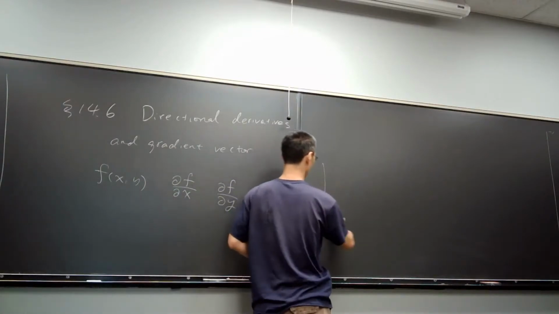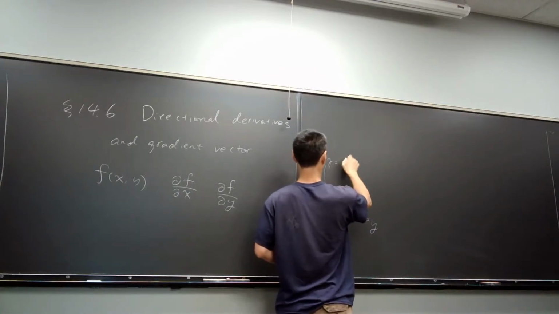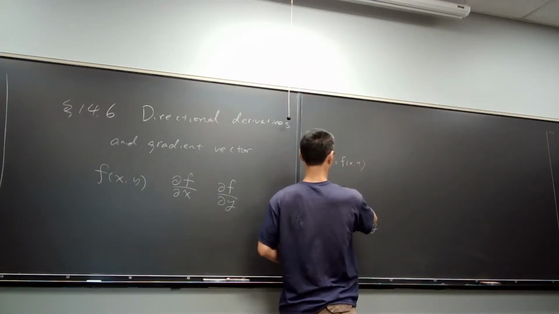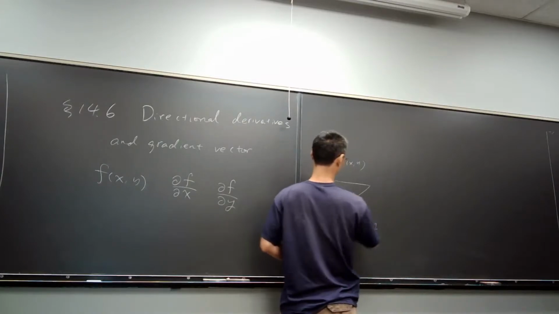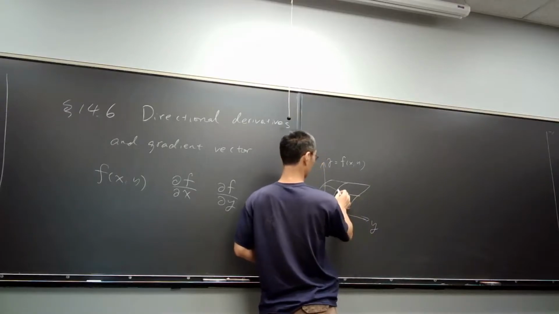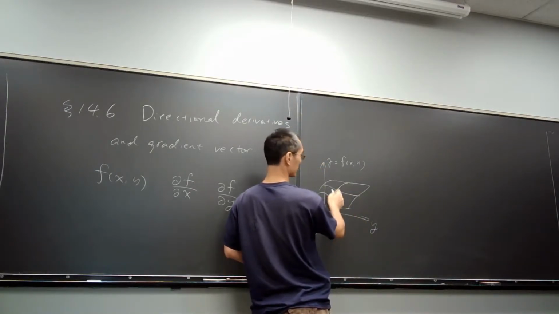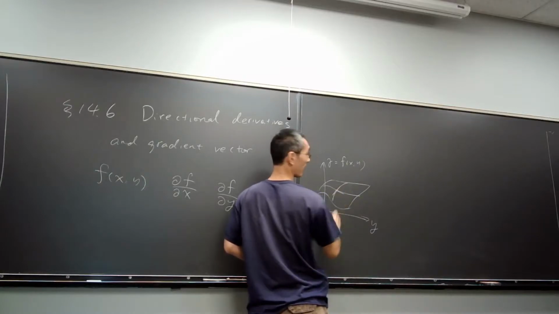If you plot the function, you will see a surface. If you look along the x direction, you get a curve with a slope, which is fx, and the slope in the y direction will be fy.